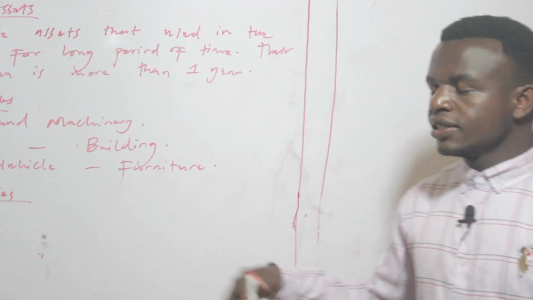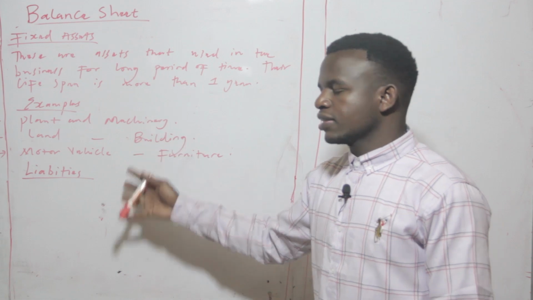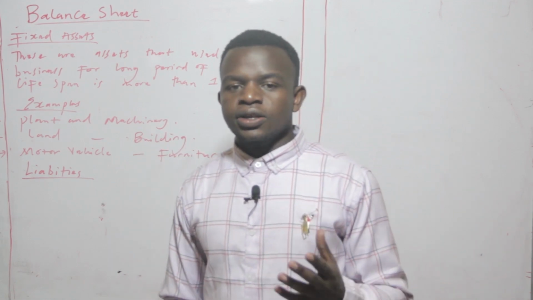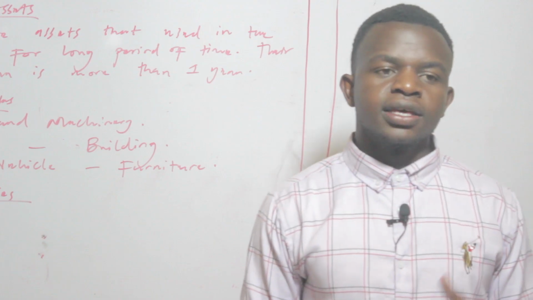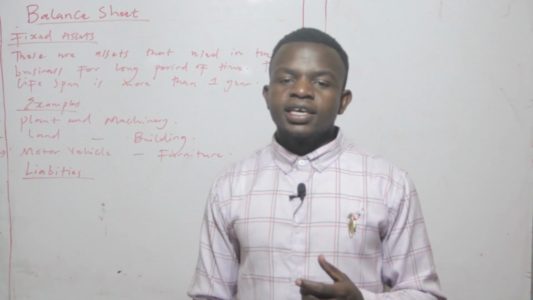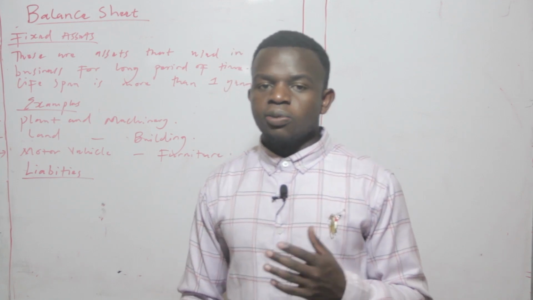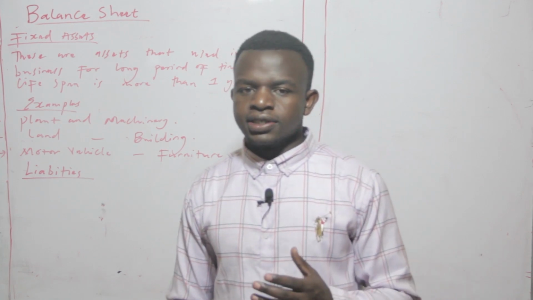But the business also needs funds in order to finance working capital. And working capital is the amount of money that is used in the day-to-day operation of the business.